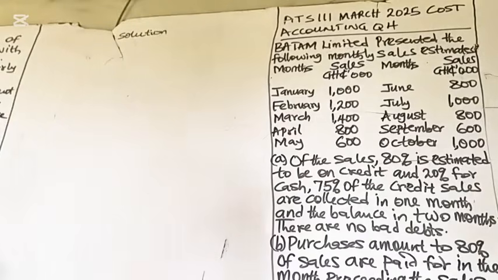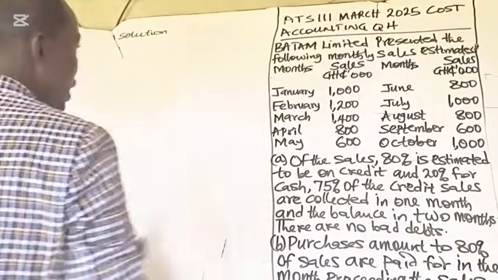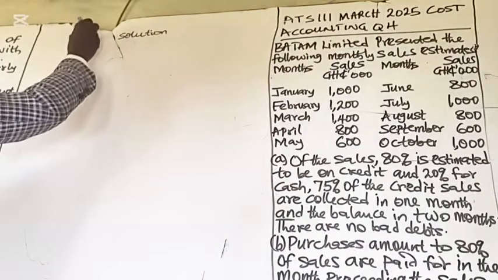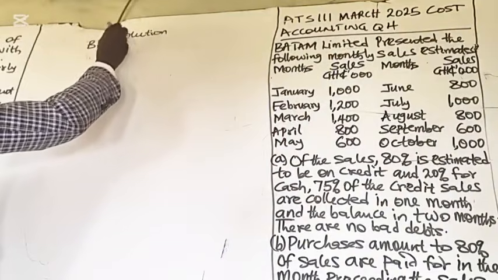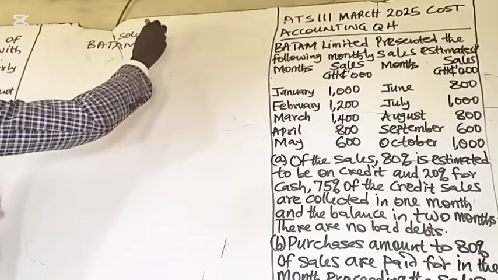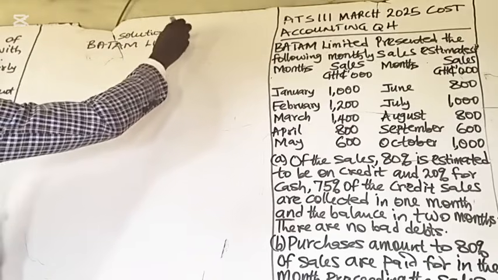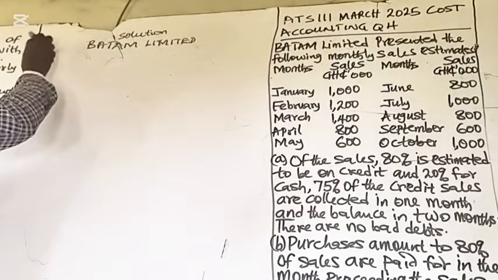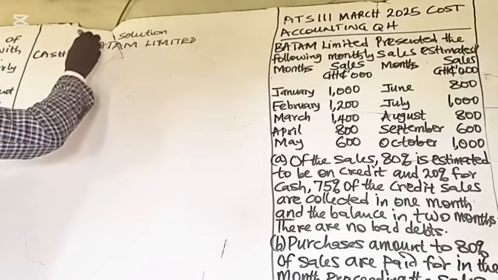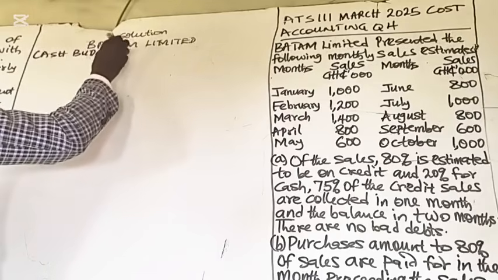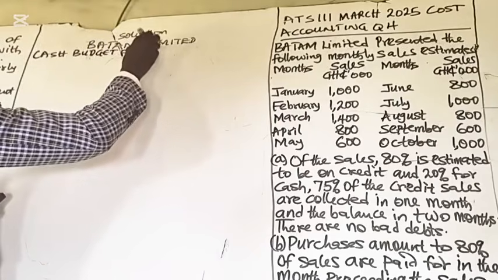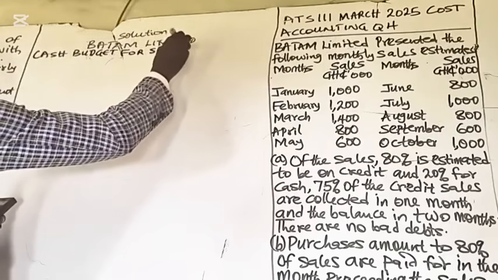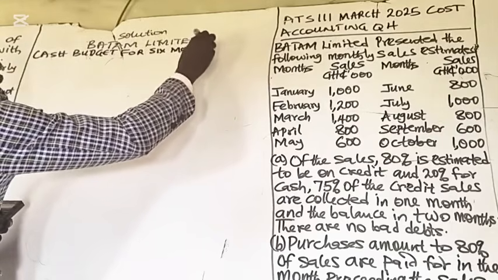The name of the entity is Batam Limited. You have to prepare the cash budget for 6 months. Cash budget for 6 months ending.